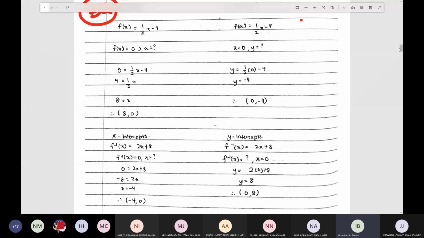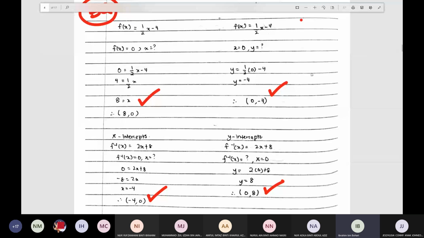Check jawapan. Intercept here at x, 0, okay. This one 0, negative 4. And then f inverse, x-intercept here, negative 4, 0. And the y-intercept at the 0. Ini calculator saja, ya. You check jawapan.